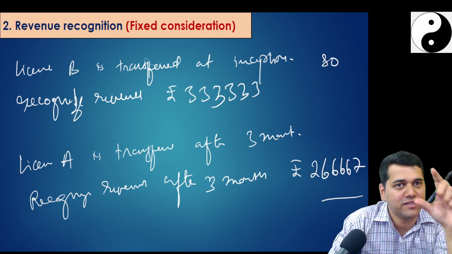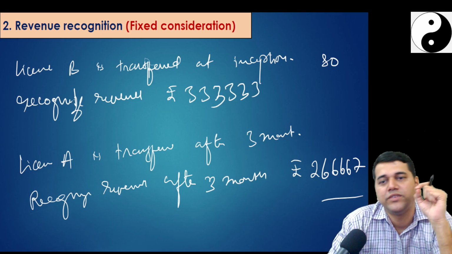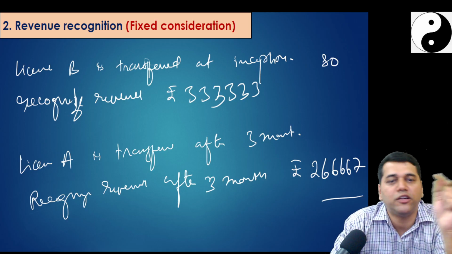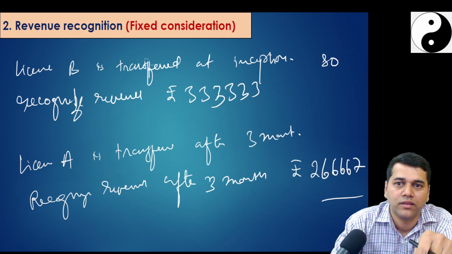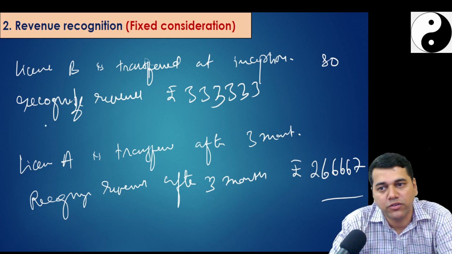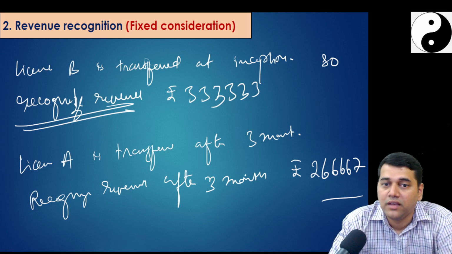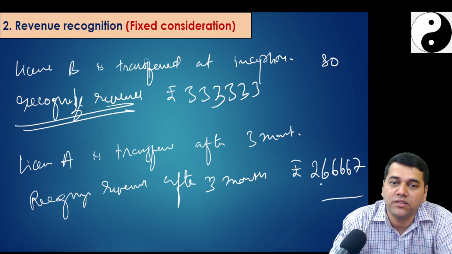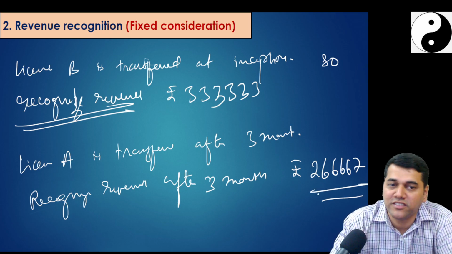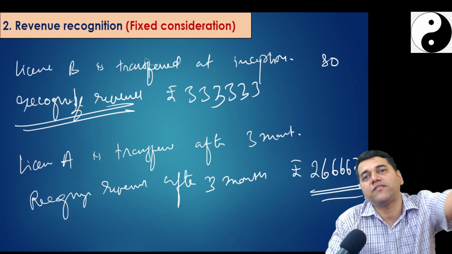You say that fixed consideration is 6 lakhs, which is distributed 3,33,000 and 2,66,000. 3,33,000 I am going to recognize right now because B is transferred. The second portion, of 6 lakh, is 2,66,000, which I will recognize after 3 months.